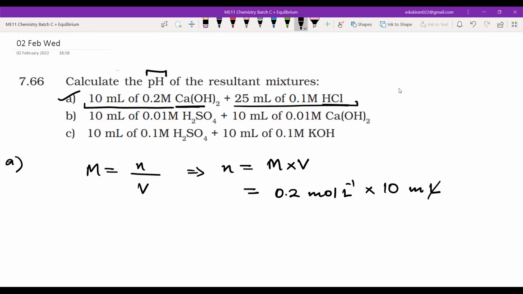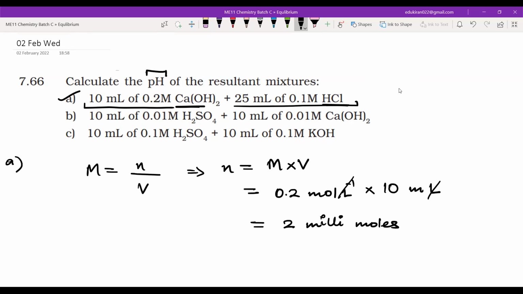Liter and liter units will cancel each other out, and then you will get 2 millimoles. Any problem? No problem, right? So this milli is nothing. Milli is just 10 to the power minus 3. It is a word that represents the number 10 to the power minus 3.